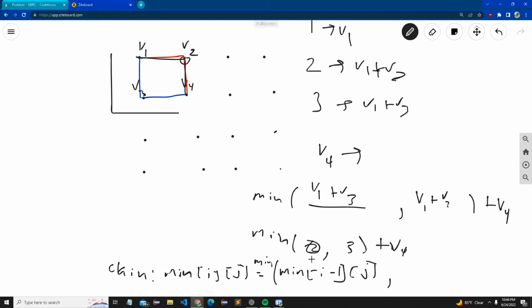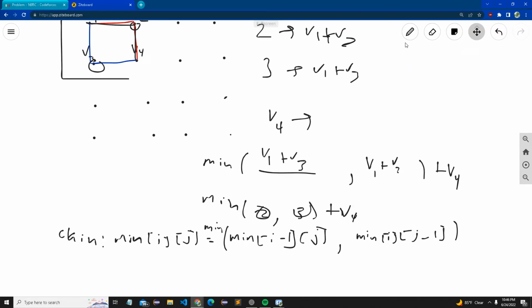That's v sub 2. We also have 3 here, which is just the one to the left, so i, j minus 1. Then obviously you have to add v sub 4, which is just the value at i, j.